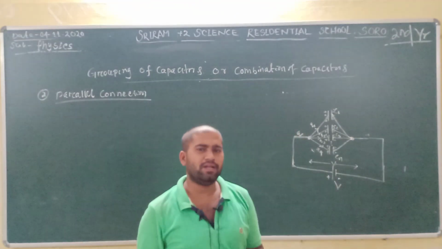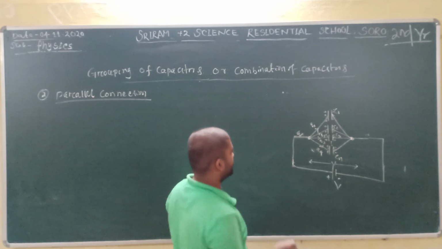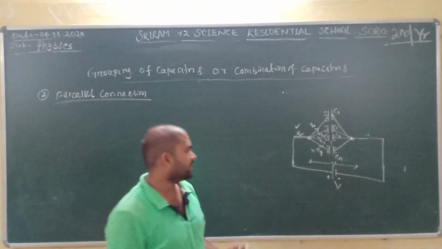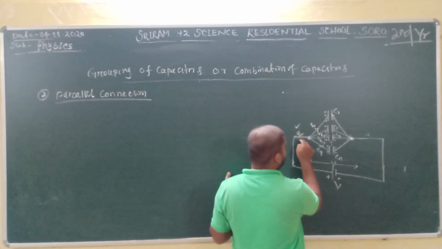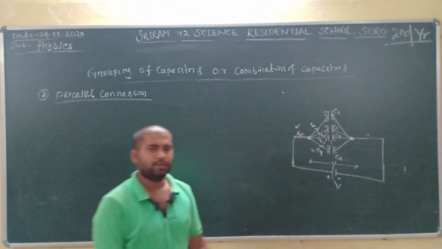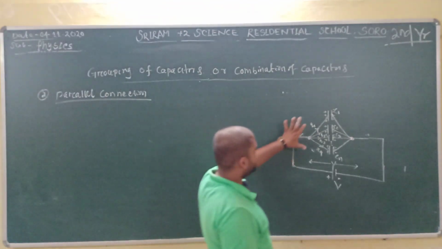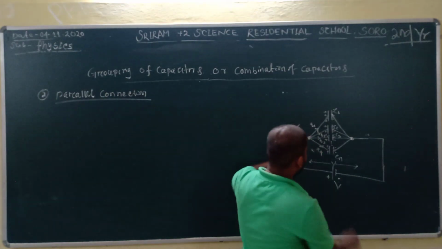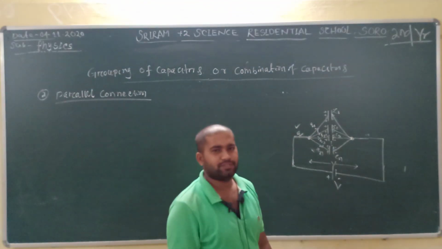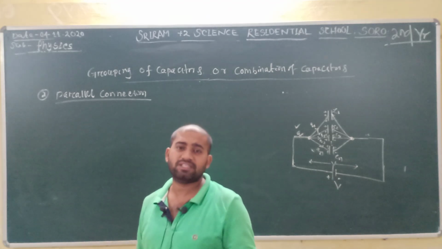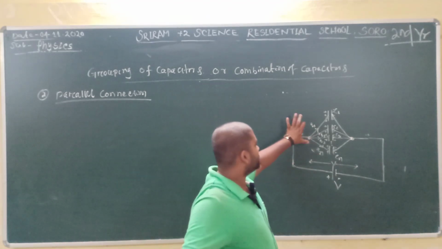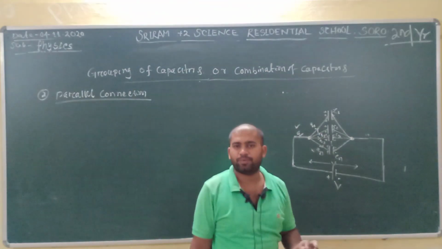So in case of parallel combination, there is a division of charge with a constant potential difference, but in case of series, there is a division of potential over a constant charge.